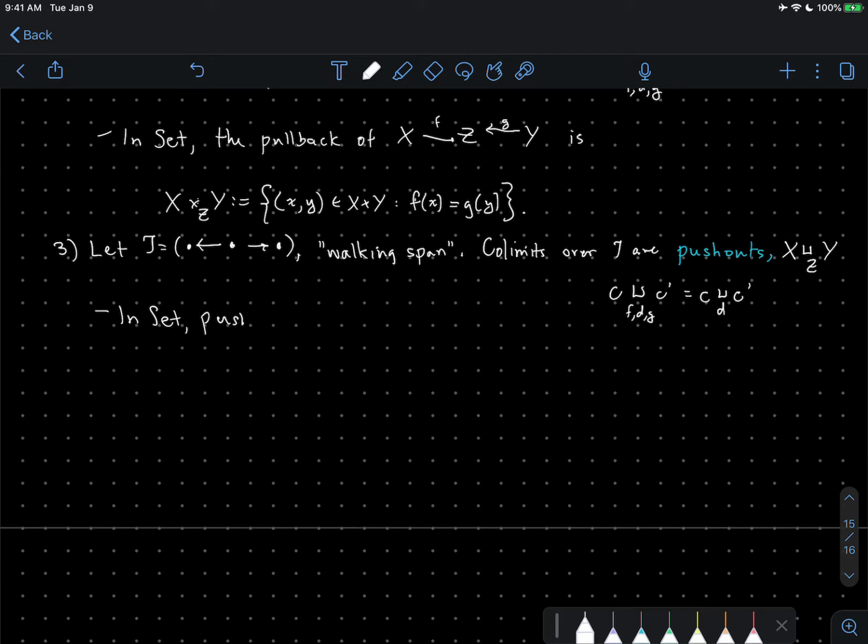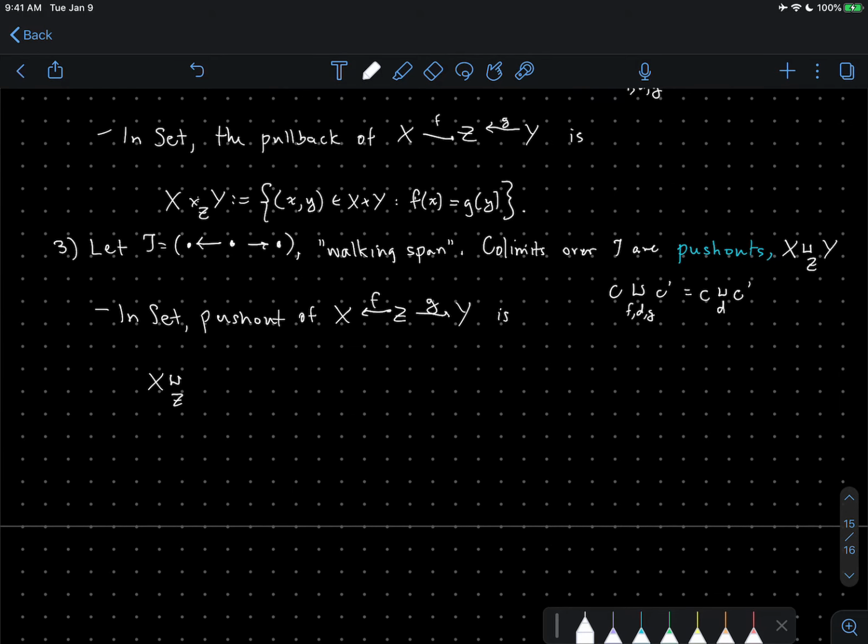The pushout of this diagram is going to be: we take the disjoint union of X and Y and quotient out by a certain equivalence relation. And what's that equivalence relation?